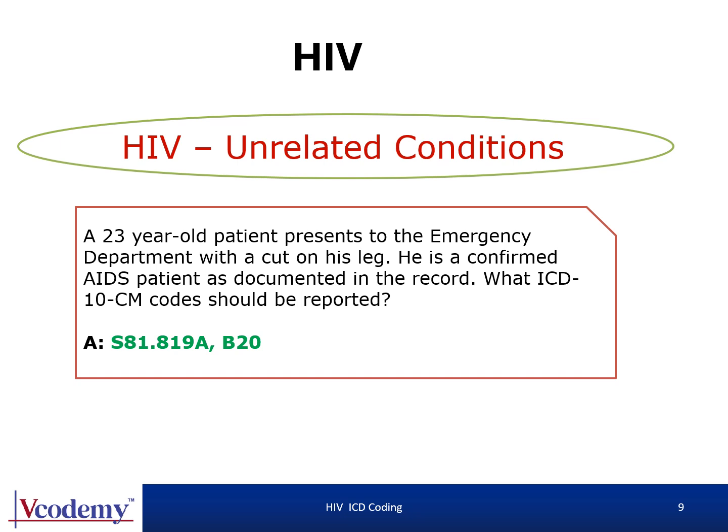What ICD-10-CM code should be reported? S81.819A followed by B20. So if the admission is for unrelated HIV conditions, the unrelated condition code will be the principal diagnosis followed by the HIV code B20.